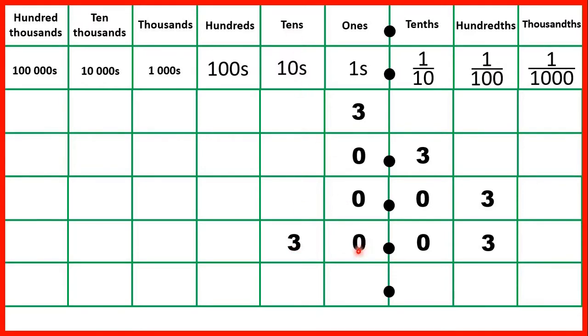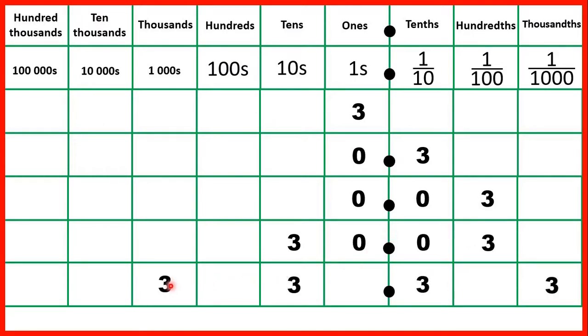So we need a 0 in our ones because we count whole number place values from the decimal point, and the tens place value is always the second digit before the decimal point. We also need this 0 in our tenths, just as we did here, so that the 3 is in our hundredths column, so it's the second digit after the decimal point.